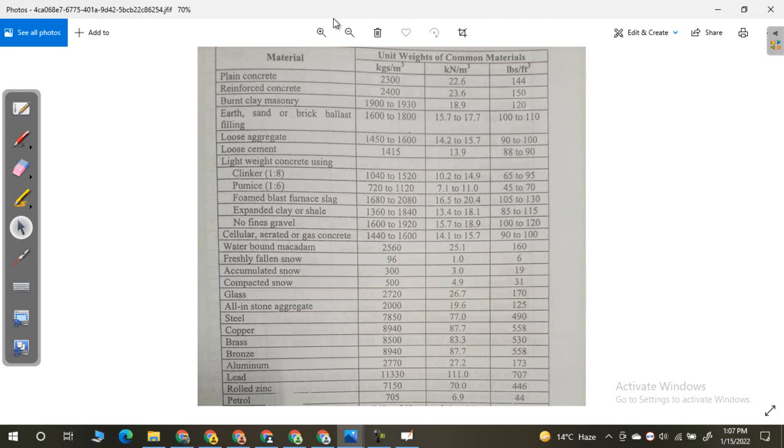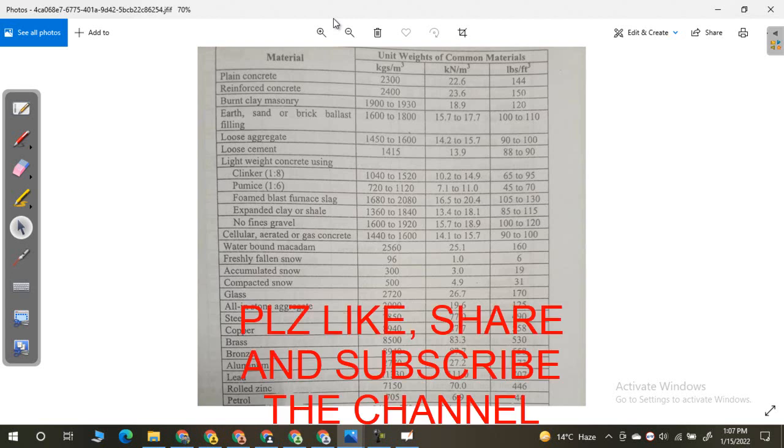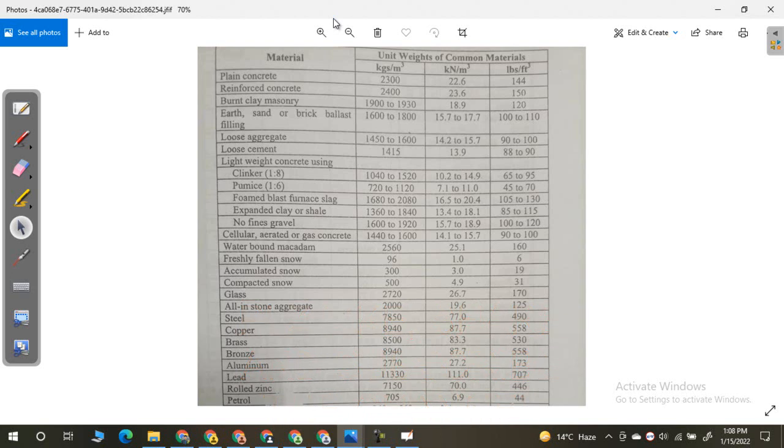Similarly, for clay masonry, this is 1900 to 1930. We used this in the previous lecture. Similarly, we also use this for lintel load calculation, 18.9. And for masonry, all types of masonry are taken as 120 pounds per cubic feet. Similarly, for earth, in today's lecture we will consider this density, that is 1600 to 1800, 15.7 to this, and this is 100 to 110.